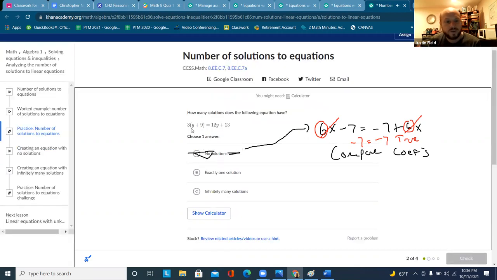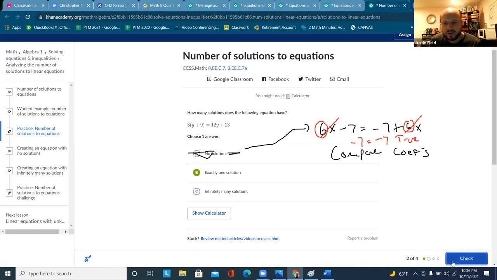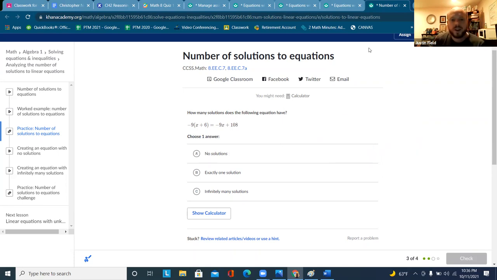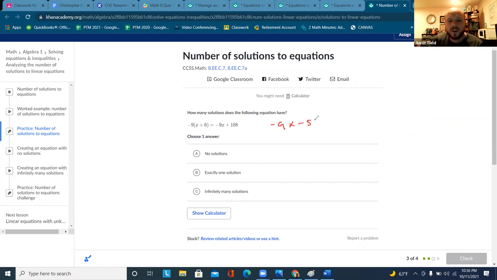Let's see the next one. Okay, here's a good example. So this is -9x minus 54 equals -9x plus 108.